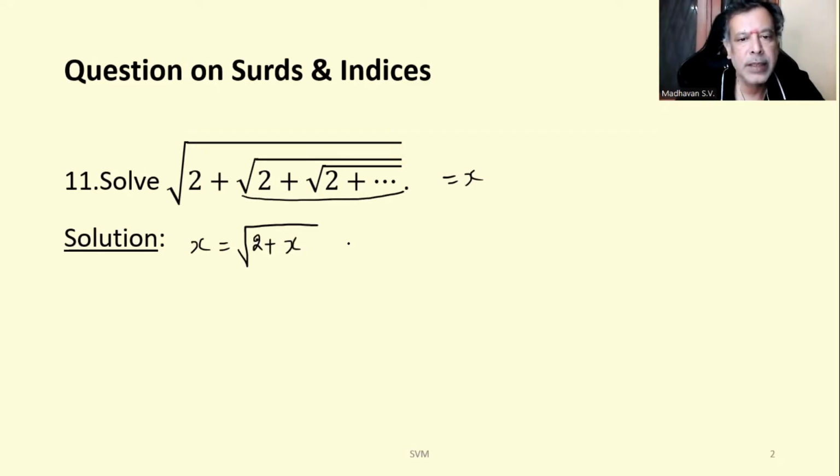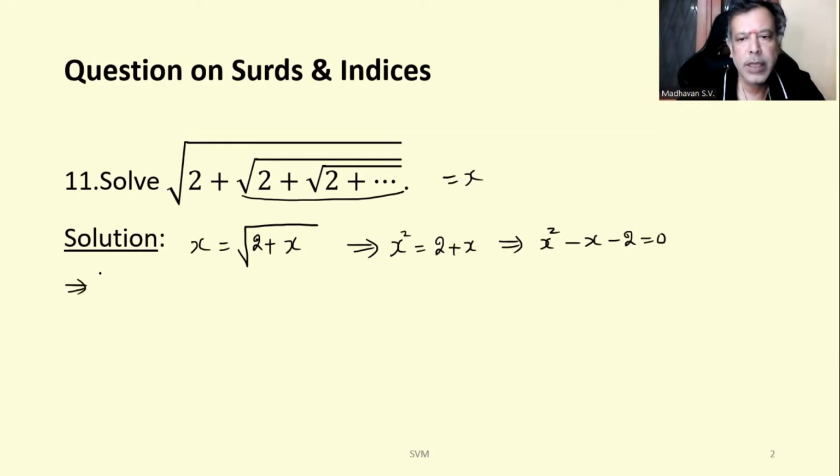So we'll make it x. Now, if I square it on both sides, it becomes x square equal to 2 plus x, which means we can write it in our quadratic equation form as x square minus x minus 2 equal to 0.